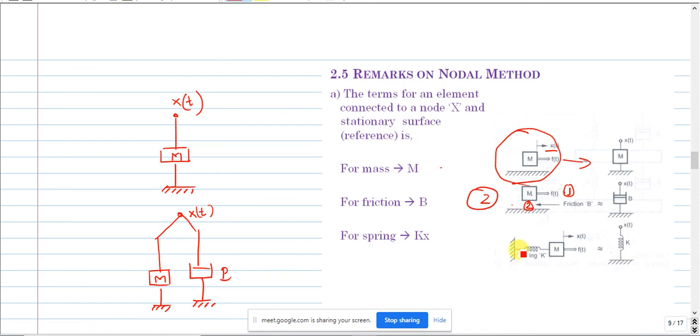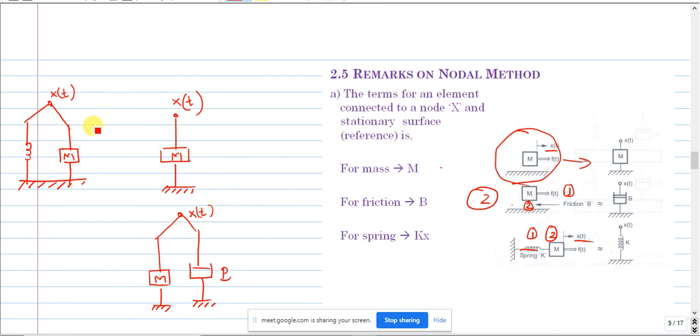And third, if you see, we have a spring. Same. So these two, 1 and 2, are subjected to x of t. So represent x of t and two elements. One is spring and one more is mass. You just ground. This is the equivalent system.